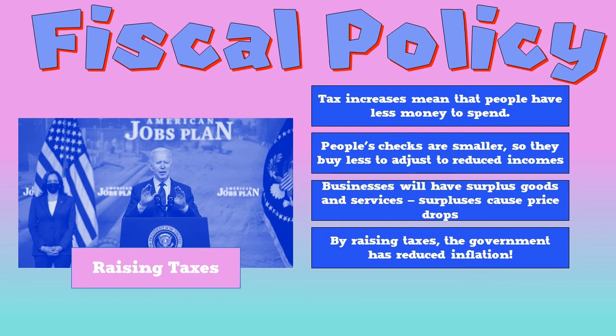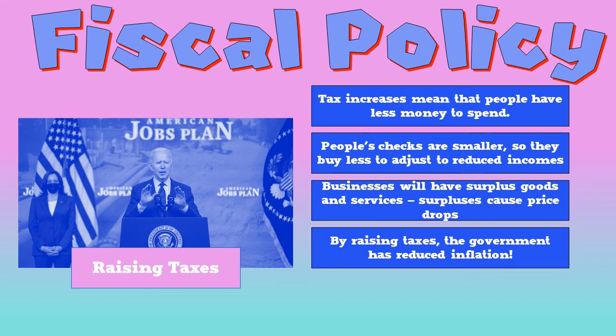When businesses aren't selling as much stuff, this is basic economics here. If you have extra goods and people aren't buying them, you have to reduce the price of the goods, right? So when businesses have extra goods and services to get rid of, they've got to put things on sale. They've got to reduce the price of these things to get the customers to come buy them.